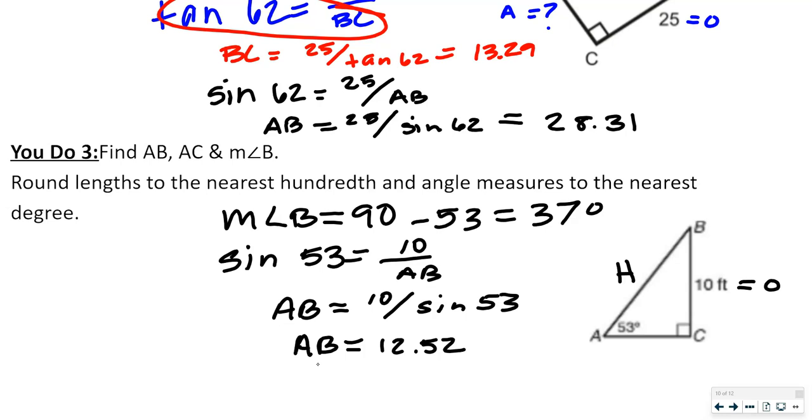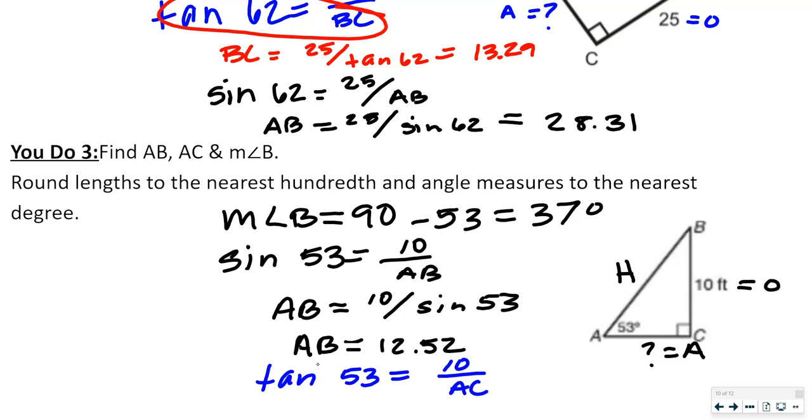Now, what are we going to do to find AC? If we're looking for this right here, isn't that going to be adjacent? So opposite over adjacent is tangent. So we're going to say the tangent of 53 is equal to opposite, which is 10, over our adjacent, which is AC.